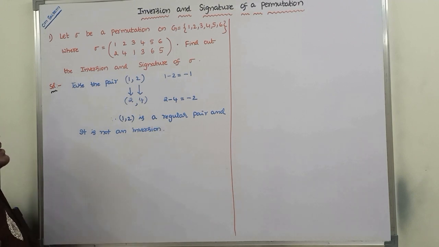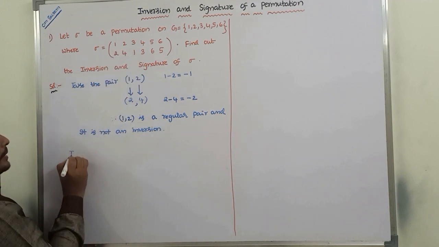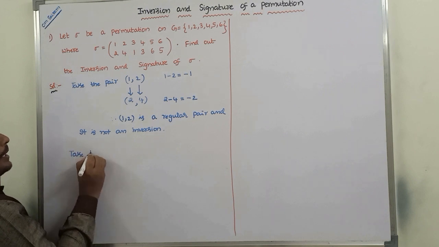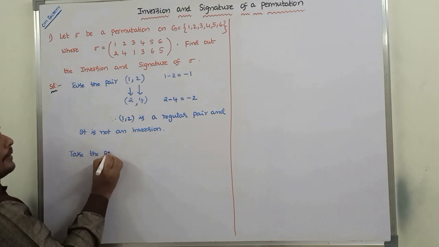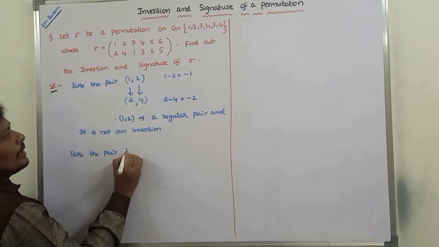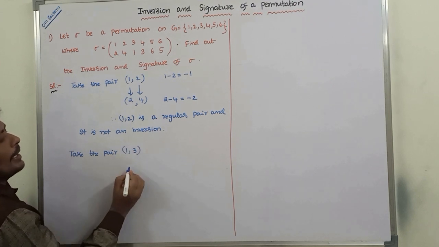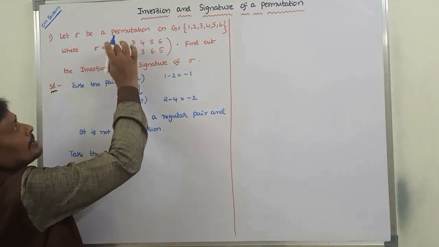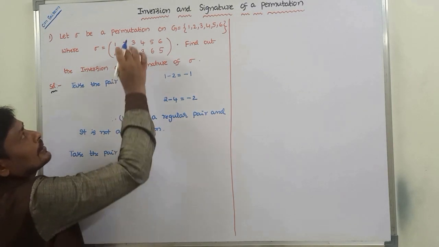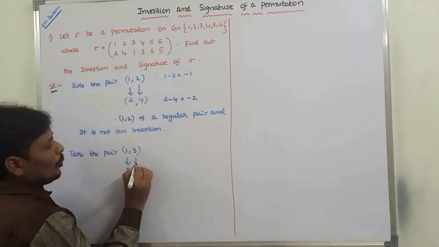Next, I am taking the pair 1,3. So 1's image is 2, 3's image is 1.